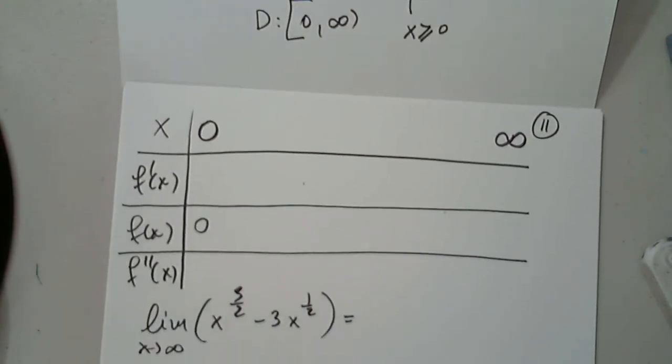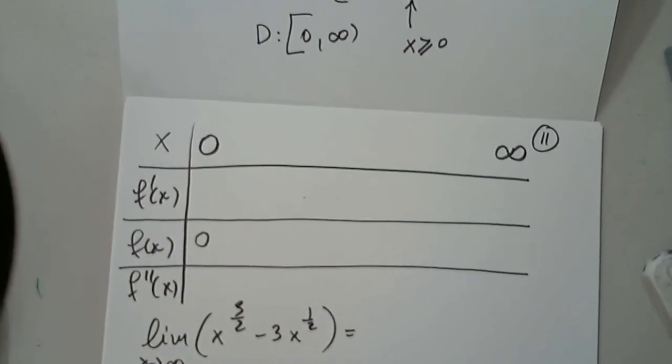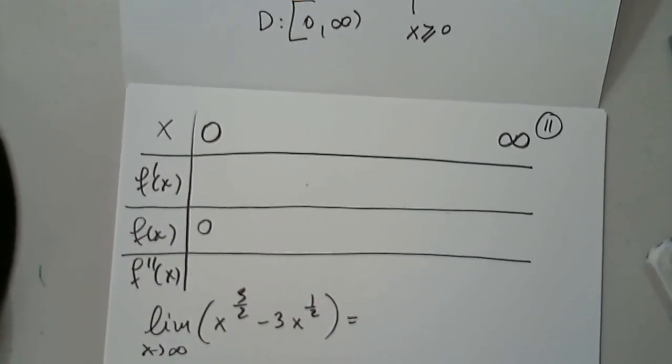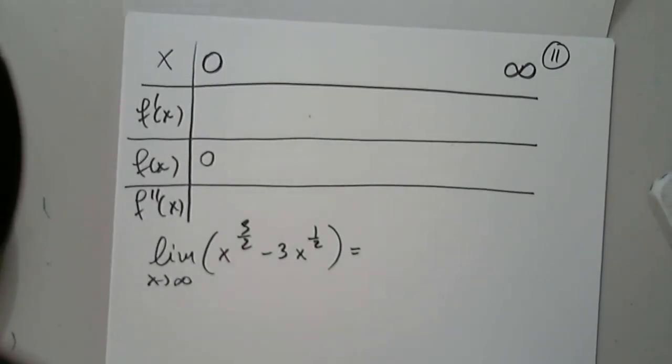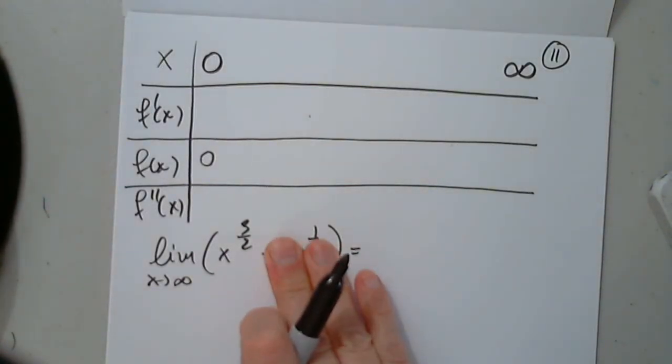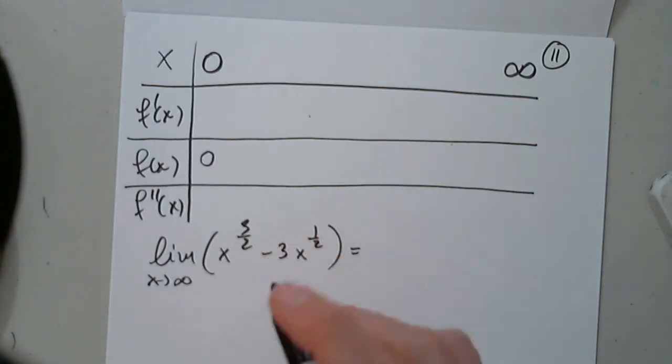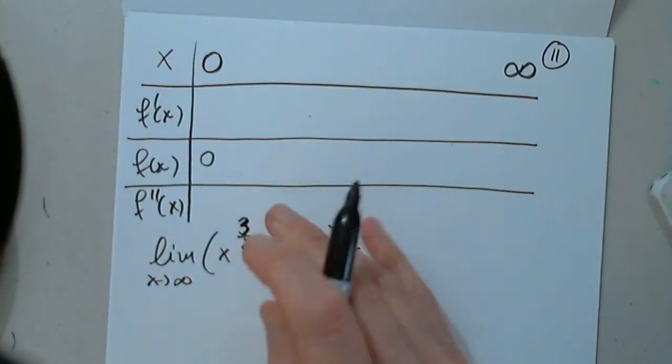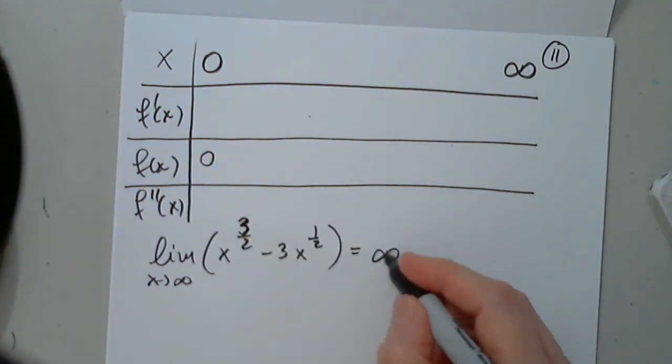At infinity, which one counts? The higher power. Good. So where does it go? Infinity. Very good.